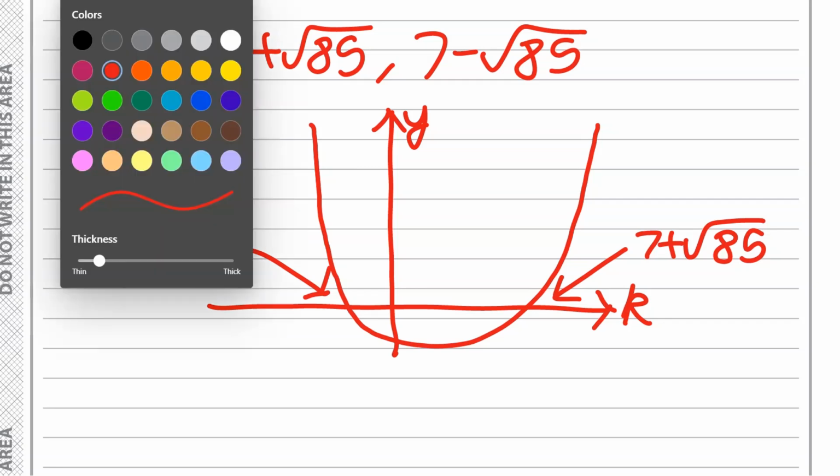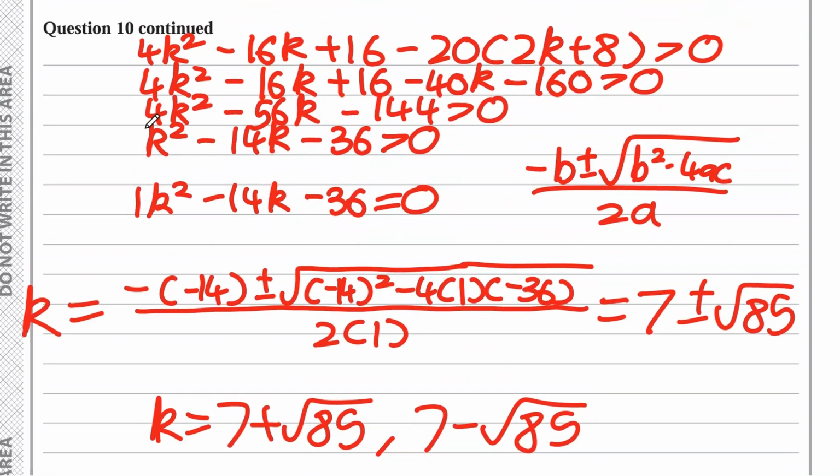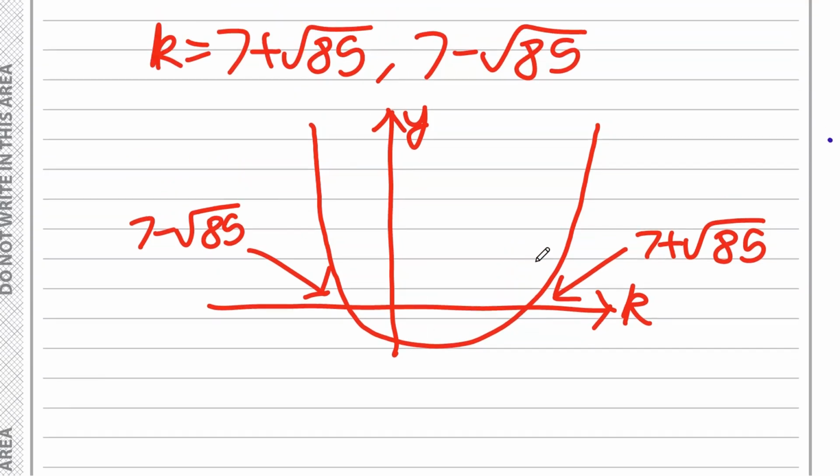Okay, so what do we do with this? We need to find where this quadratic here is bigger than 0. So this is where it's going to be above the k axis here. When it's positive, it's bigger than 0.